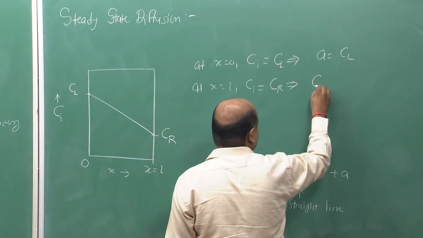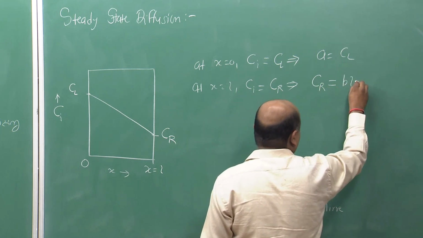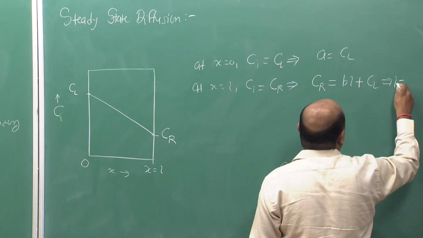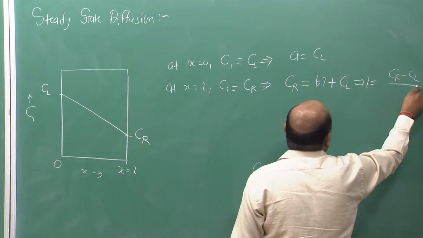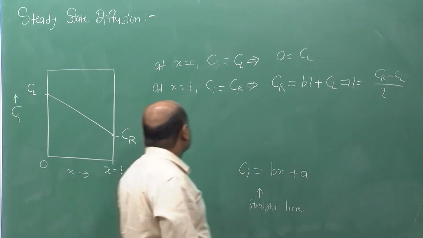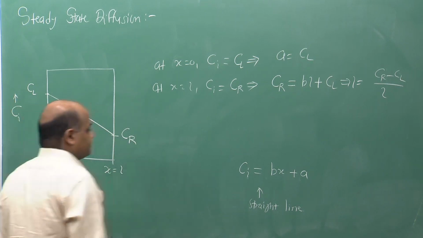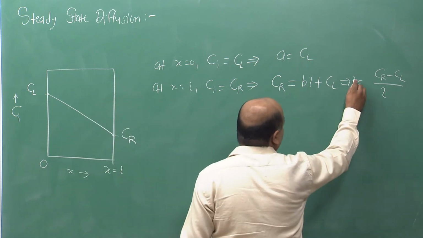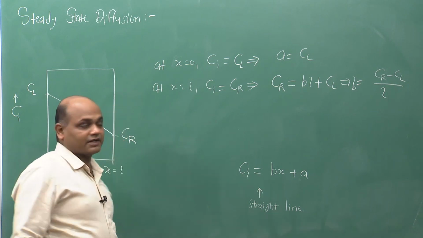So, I get Cr equal to BL plus Cl, or B is equal to Cr minus Cl over L, which is the slope of this straight line.